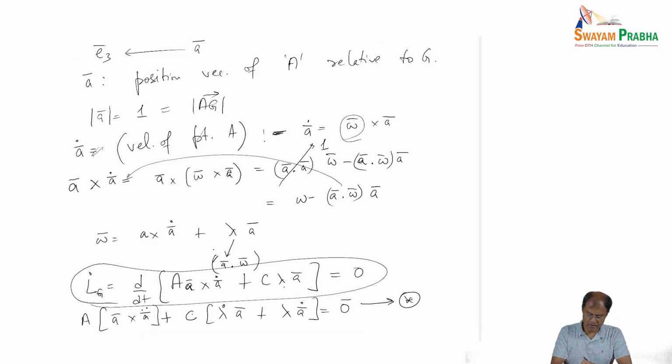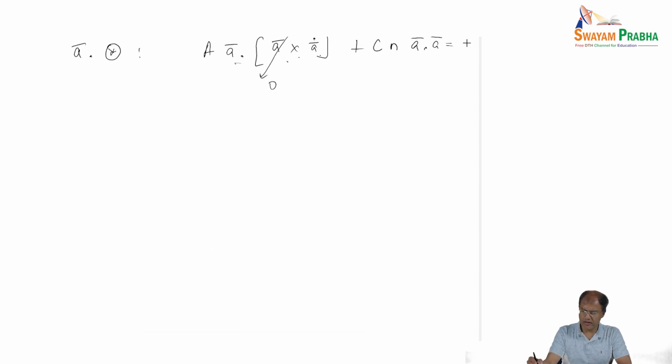And this is also equal to the total angular momentum. So this was L G dot, and L G dot was 0. If we integrate this quantity, this is equal to L. So L is acting along a direction which is along the A direction.